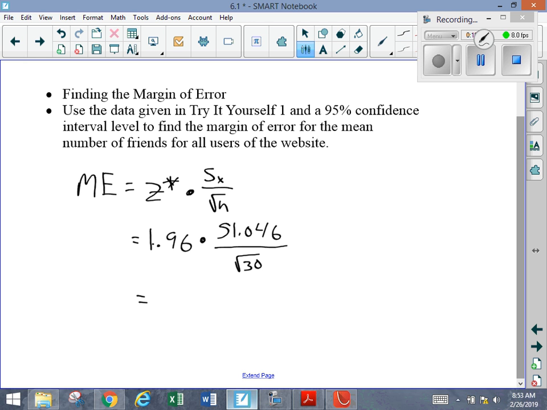So, 1.96 times 51.046 divided by that. Here it happens.